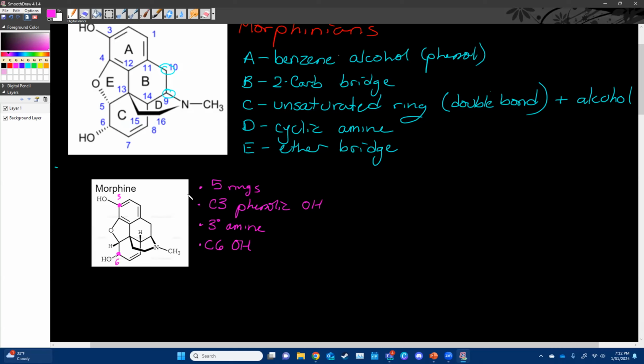So what do these components tell us? The 5 rings tell us that this is a morphine derivative. So this tells us the chemical classification. This is a morphinian. Our phenolic OH is a requirement for mu and kappa activity.